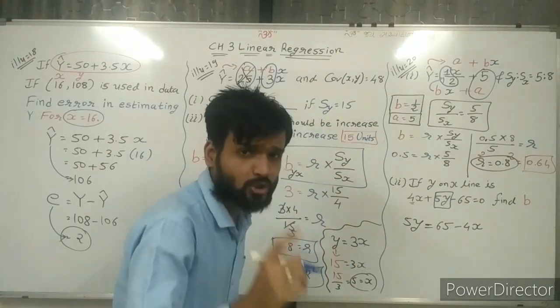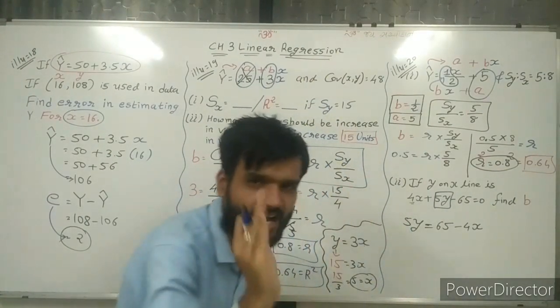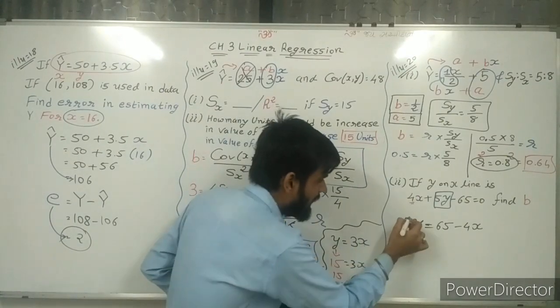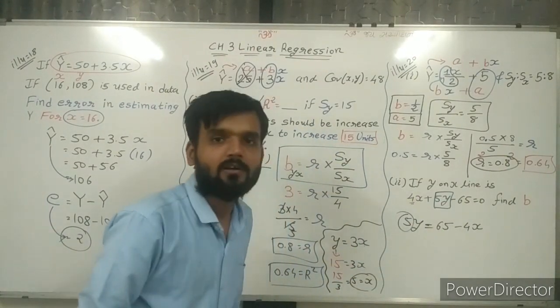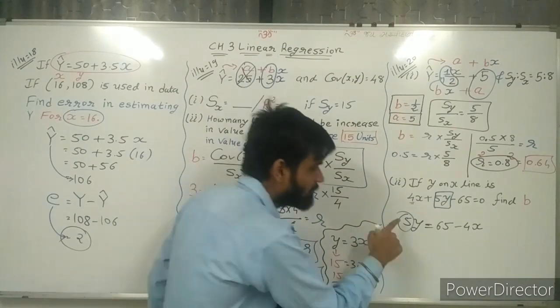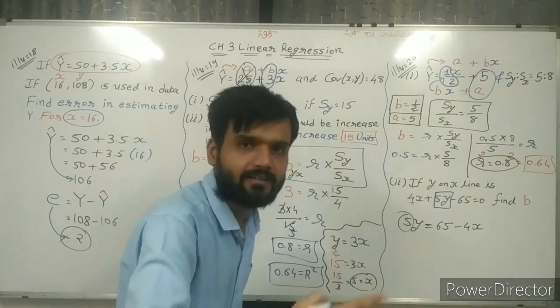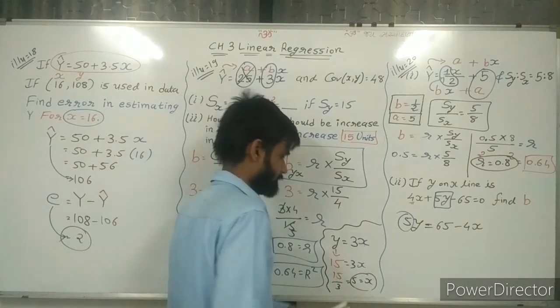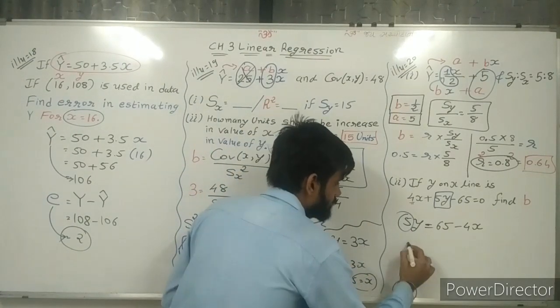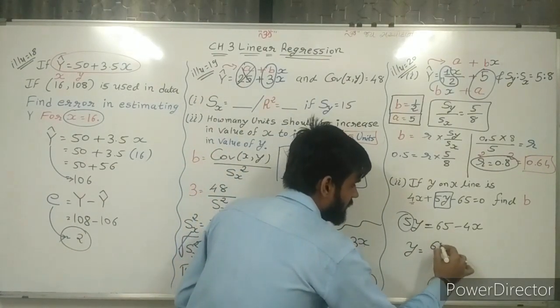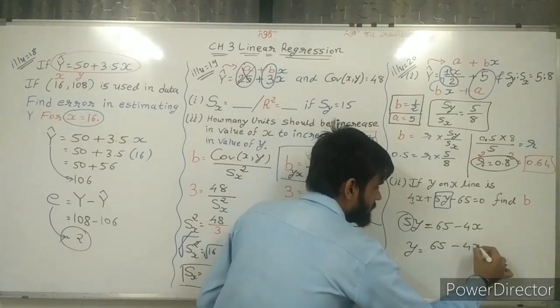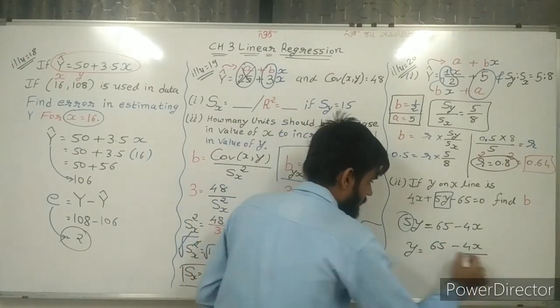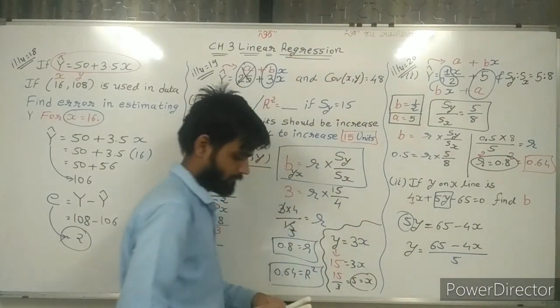Now sir, what do we actually need? We need only y. So with y, what is given? 5. So it is in multiplication. Change its side. So it is in the denominator, division. So y is equal to 65 minus 4x divided by 5.